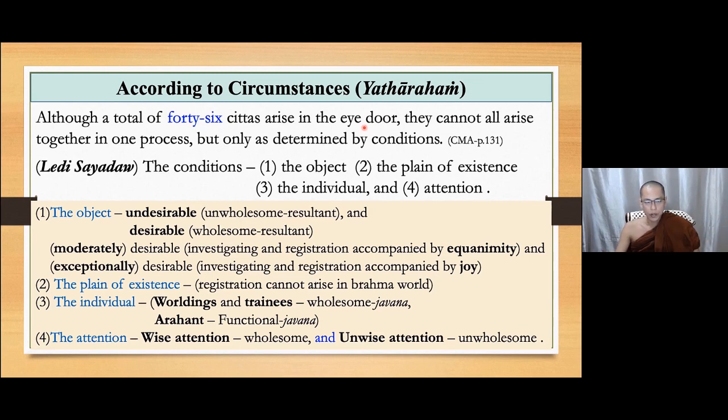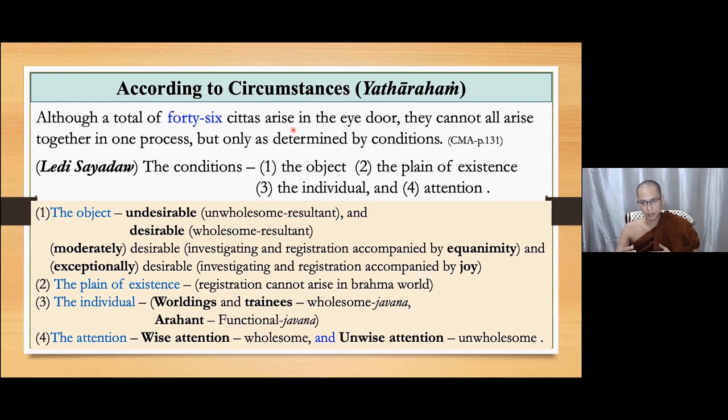In this way, the consciousness at the time of the 5-door process refers to the 54 sense sphere consciousnesses.